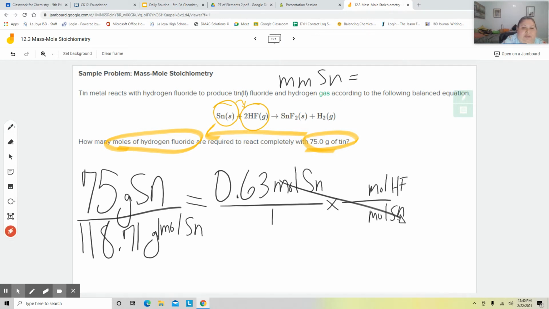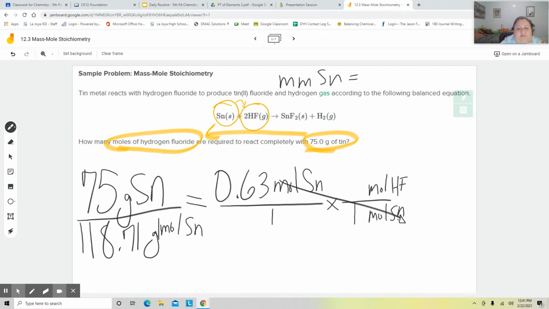So according to the reaction right here, how many moles of tin, how many moles of hydrogen fluoride are reacting here? What's the number in front of tin that you don't see? 1. A 1. And where does it go? Top or bottom? Bottom. Very good. So we're going to put the 1 on bottom. And then how many moles of hydrogen fluoride? Look at what I circled.